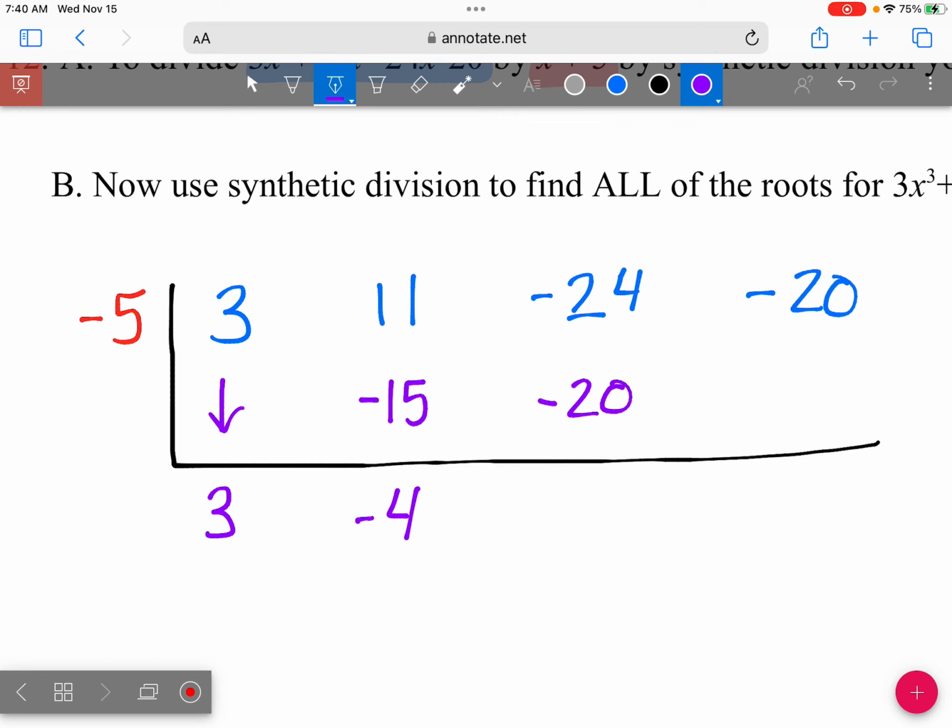Oh, not -20. -5 times -4, +20. And here, -4 again, which means here goes, careful, -5 times -4, +20. And when we add them together, we get a 0.